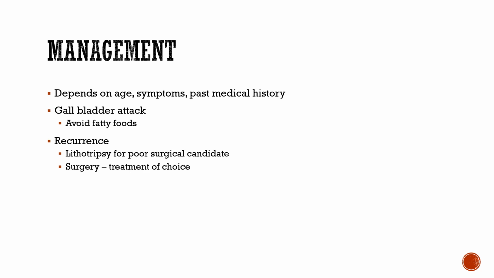But the risk of recurrence is real. If they are not a surgical candidate, lithotripsy, which is where they use sound waves to get rid of the stones, can be done. But typically the treatment for a gallbladder with stones in it is to have a cholecystectomy.